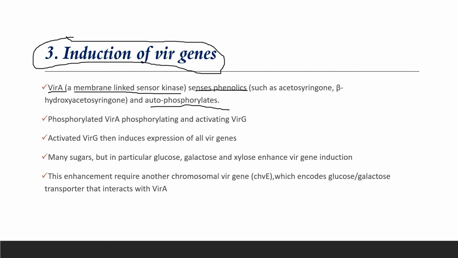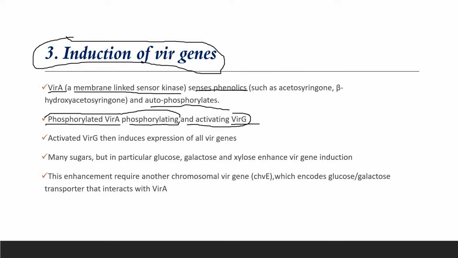With VirA getting autophosphorylated, it phosphorylates and activates VirG genes. I'll be repeating that again. VirA senses phenolics and autophosphorylates, and with VirA phosphorylated, it activates the VirG genes.